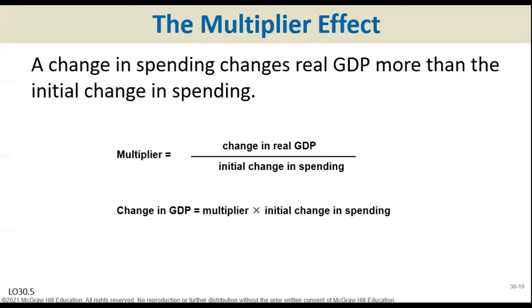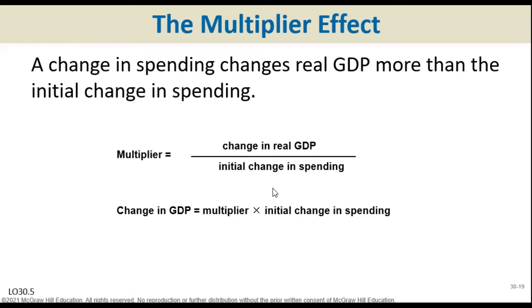That's the concept we call the multiplier. The multiplier is equal to the change in real GDP divided by the initial change in spending. You can rearrange it to get: change in GDP equals the multiplier times the initial change in spending.